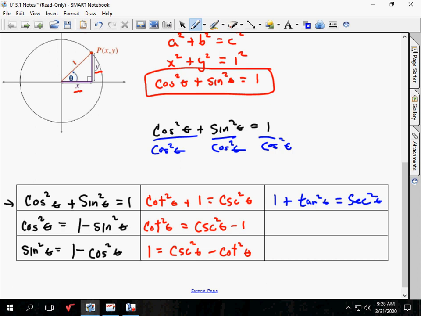All right, and then I could take that and do the same thing that I did before. I can get each of these terms by themselves. So I could get 1 by itself, I would subtract tangent squared over.